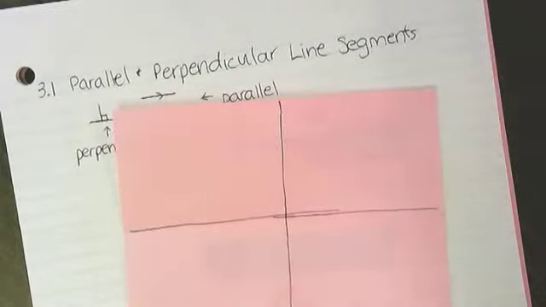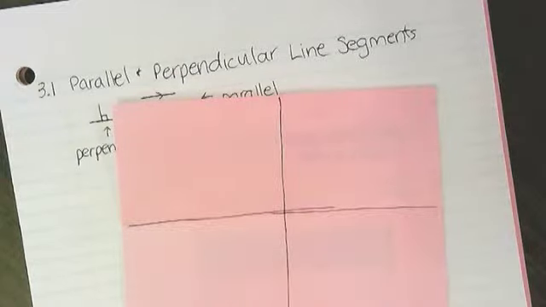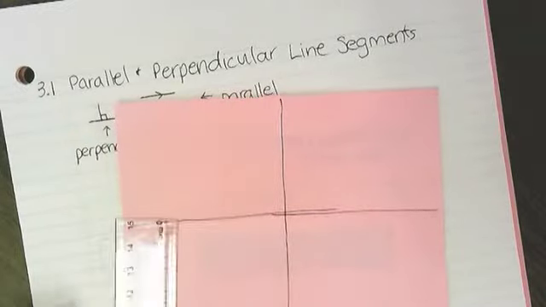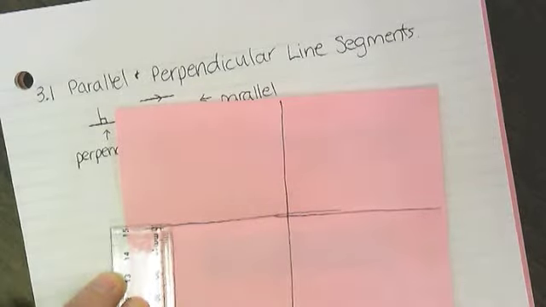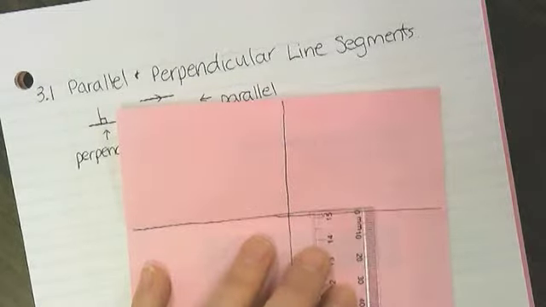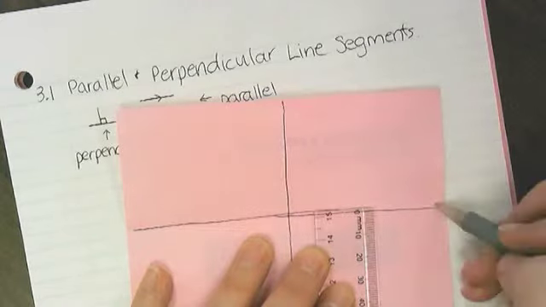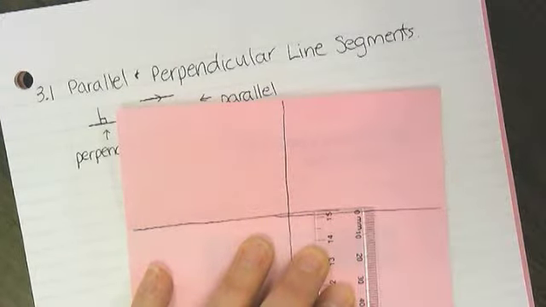What do you notice about the perpendicular distance between your two line segments? Yes? They are the same. So I measure from here, that's 55, and from here to here that's 55. What about if I measure from here to here? They'll be the same.